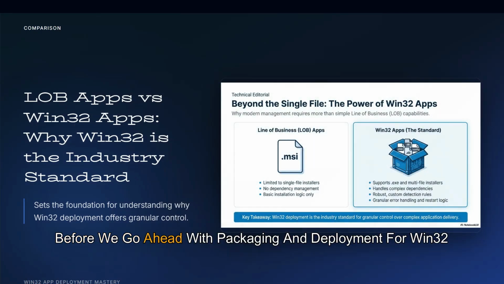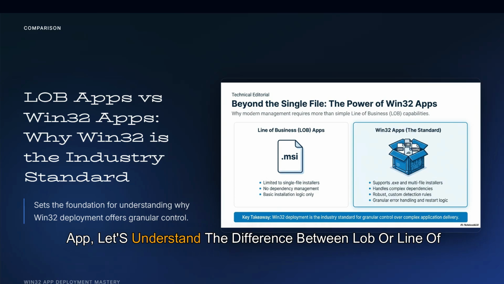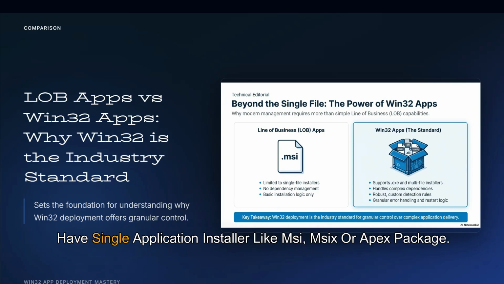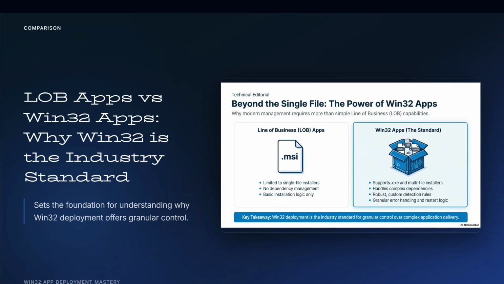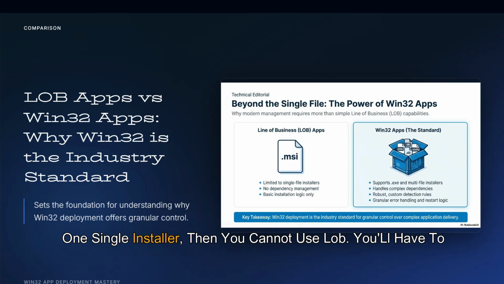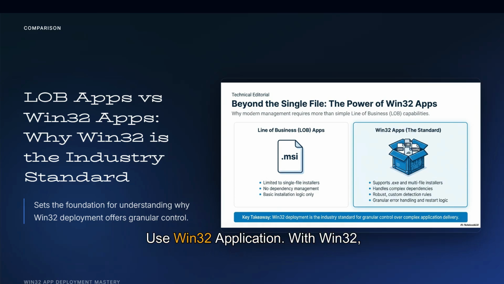Before we go ahead with packaging and deployment for a Win32 app, let's understand the difference between LOB, or line of business, application versus Win32 app. LOB is useful if you have a single application installer like an MSI, MSIX or APPX package. But if you have two applications that you want to bundle as one single installer, then you cannot use LOB. You'll have to use a Win32 application.